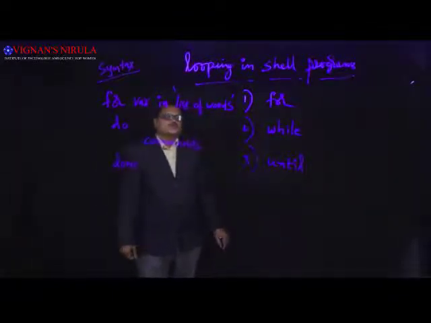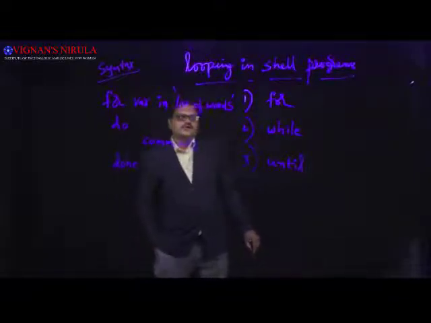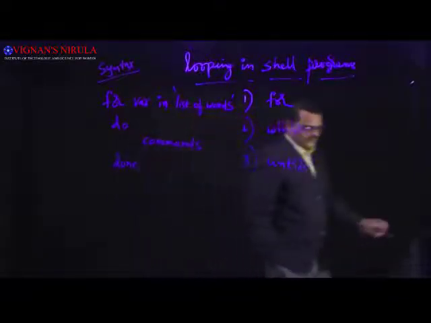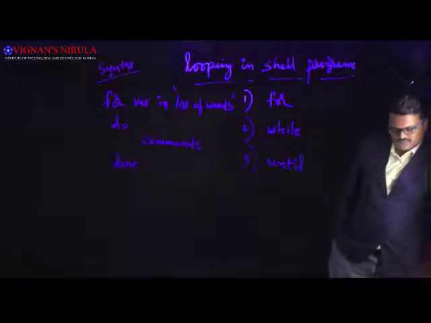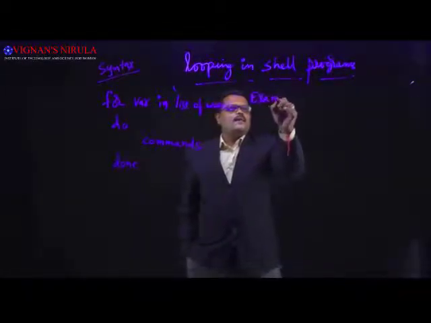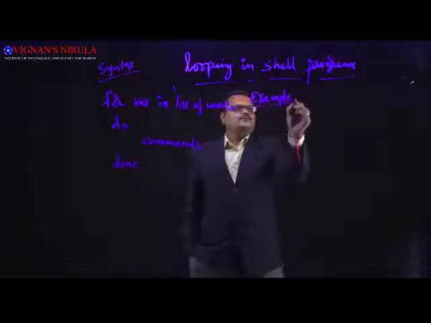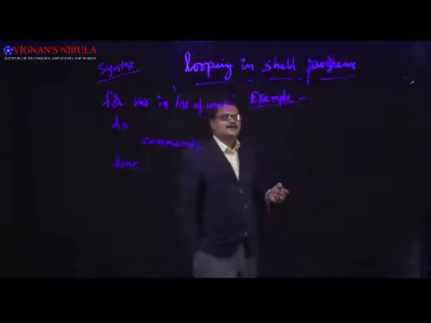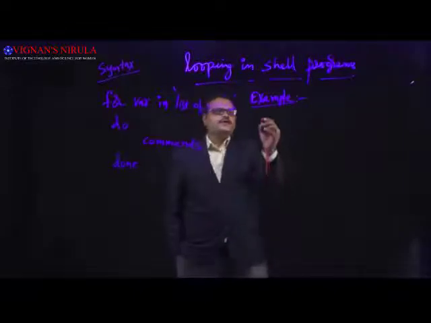First we will see one example of the for loop. I want to display the numbers 1 to 5. How can I do that?